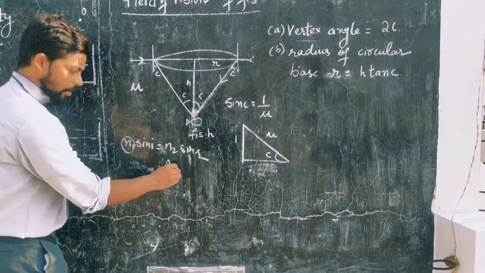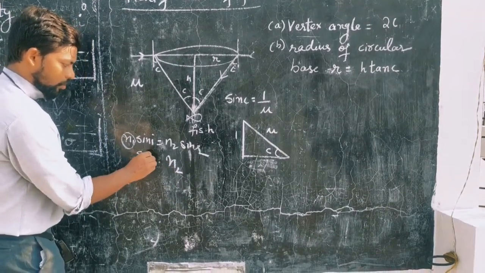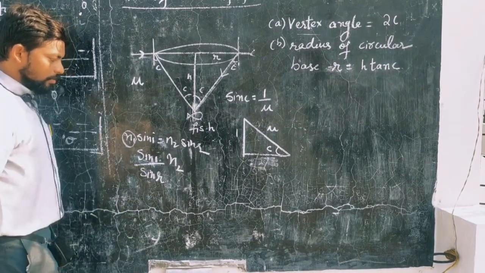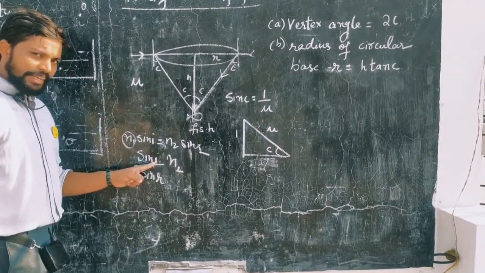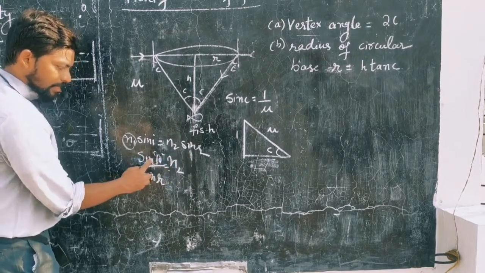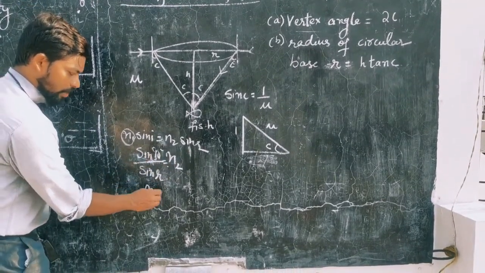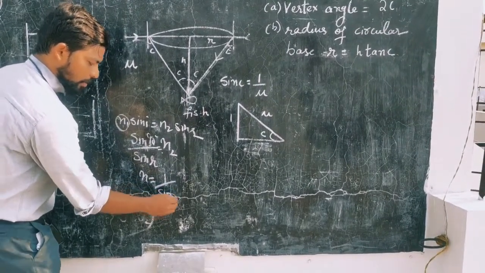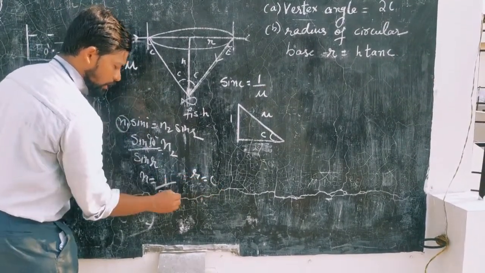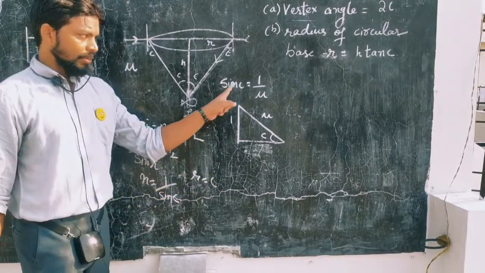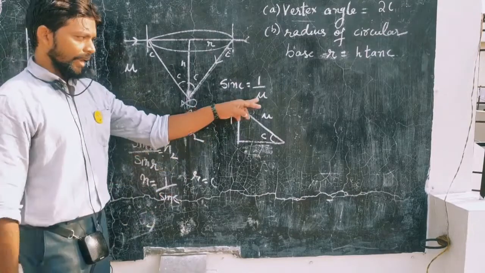So N2 is equal to sin I by sin R. If the angle of incidence is 90 degrees, the sin 90 value is 1. Then the N value is 1 by sin R. Since R is equal to C here, we got this relation N is equal to 1 by sin C. Then sin C is equal to 1 by mu or 1 by N.